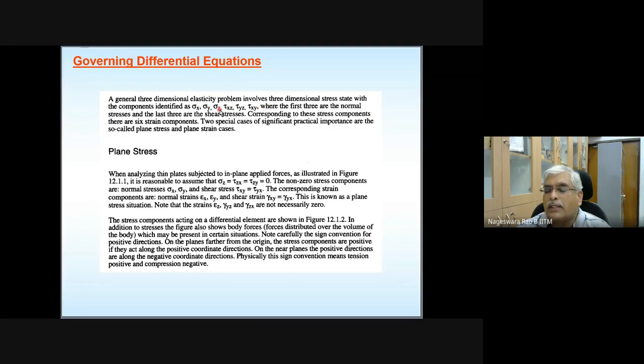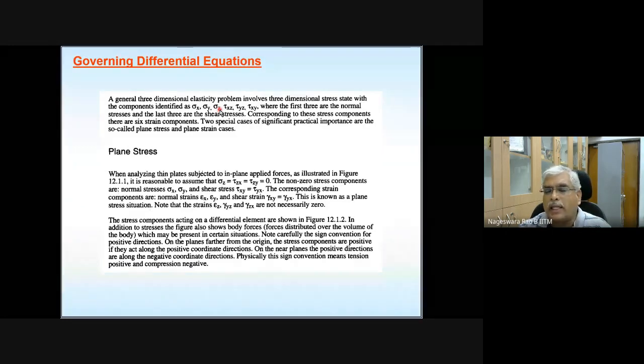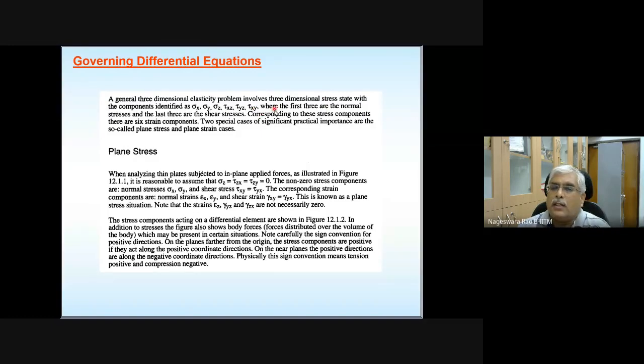Sigma x, sigma y, sigma z are the normal stress components, and tau is usually used to denote shear stress. So tau xz, tau yz, tau xy are the shear components, where the first three are the normal stresses and the last three are the shear stresses.